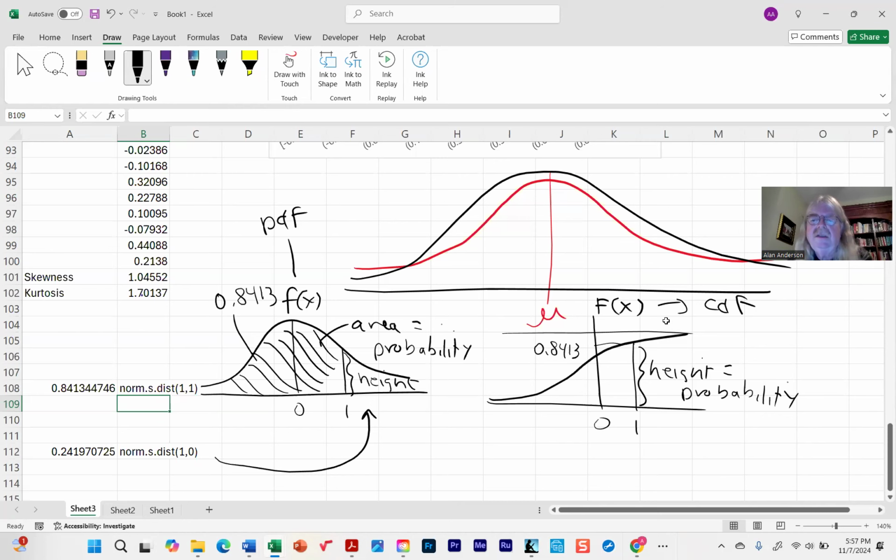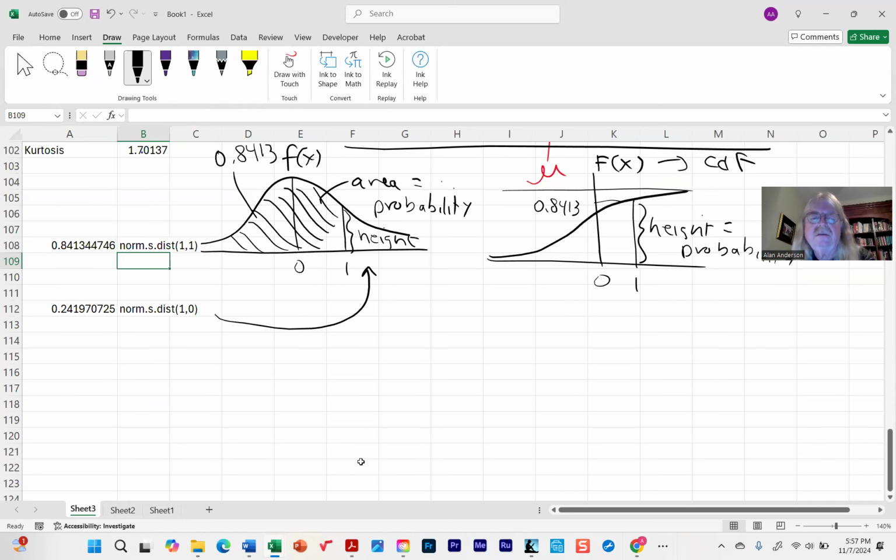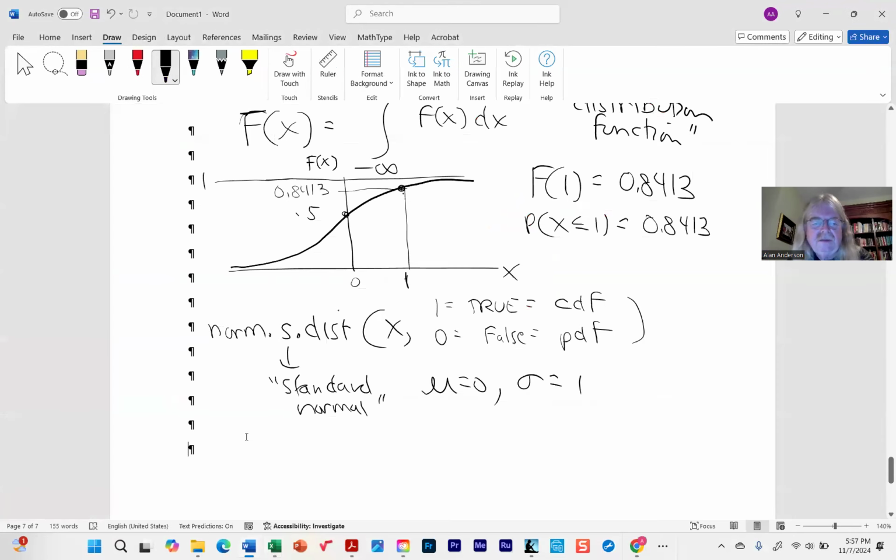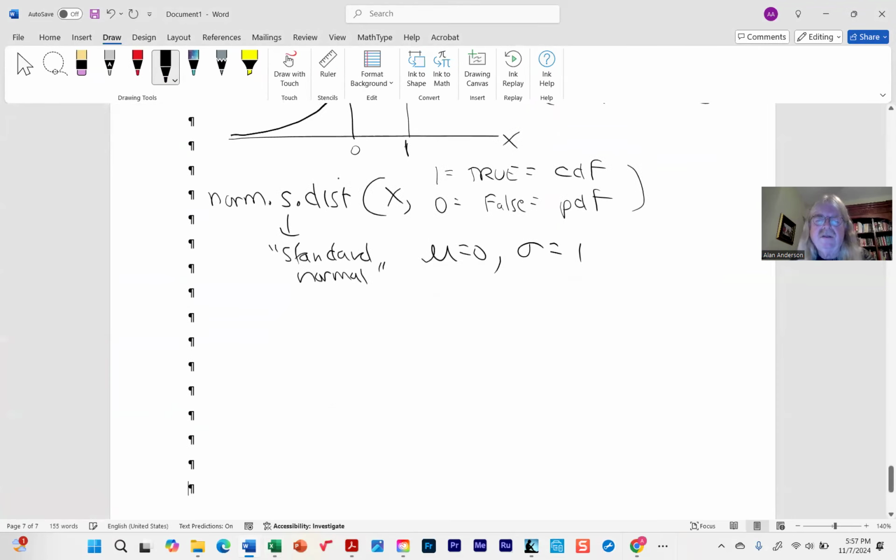Now this is where it gets interesting. The CDF can be inverted. And how do you know this, by the way?